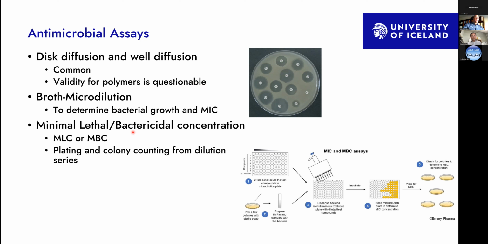However, there is another standard method, the so-called broth microdilution assay, where you have solution. It's quite simple. You just dilute the sample, make, like, a two-times dilution series for your compound, and then you seed with bacteria and observe the bacterial growth. The highest concentration where there is no growth is then the minimal inhibition concentration.